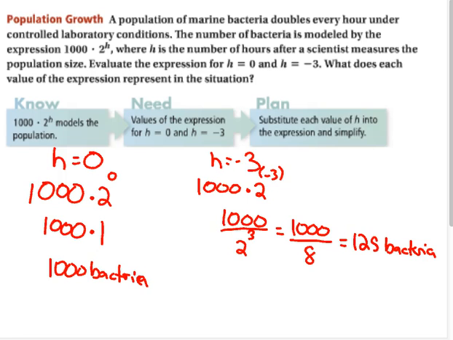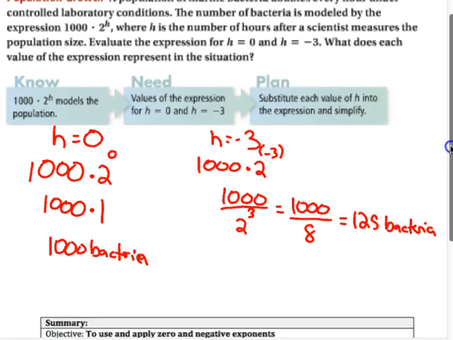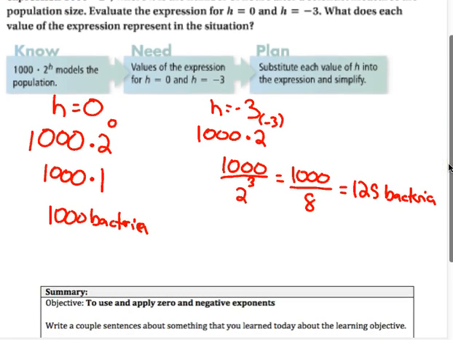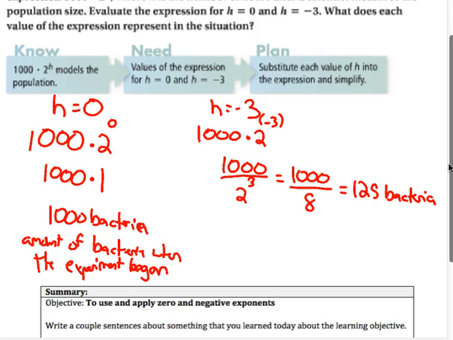All right, and they want to know, what does each value of the expression represent? So 0 hours is going to be the amount of bacteria when the experiment began. Now -3.